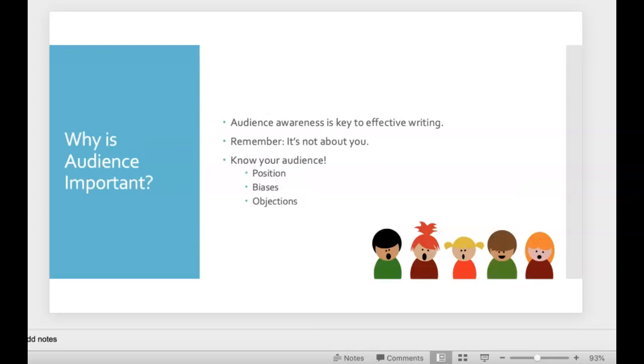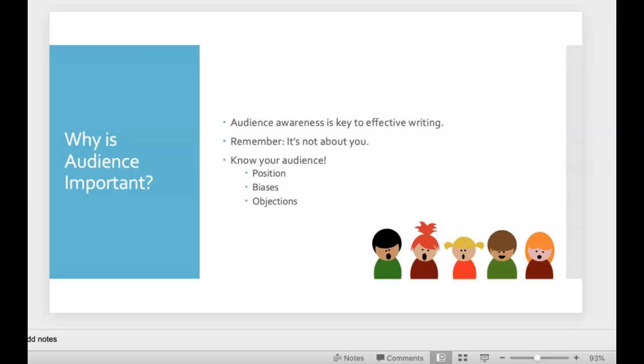However, sometimes when we're the writers of essays, we forget about the audience. And this is a real danger because audience awareness is the key to effective writing. While your perspective as the writer is important because you feel the way you feel or you think the way you think, it doesn't matter how you feel or think if you're not taking into consideration who your audience is.